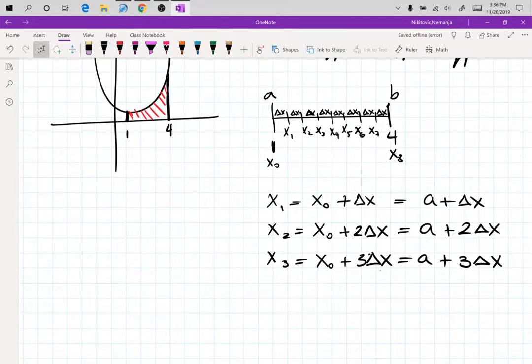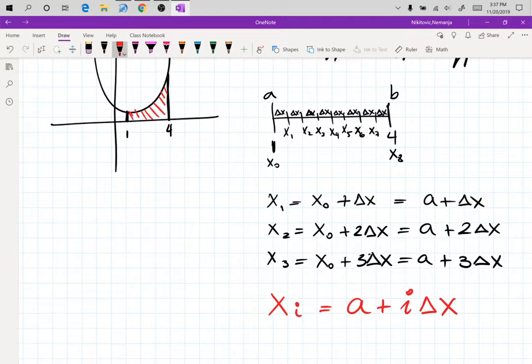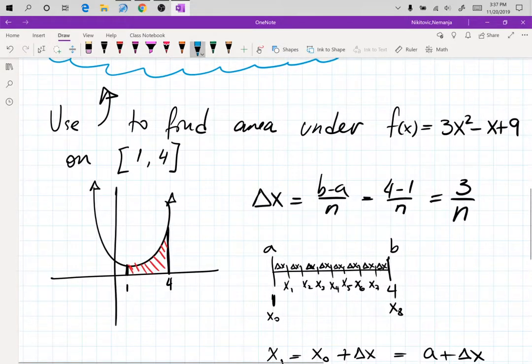It is quickly seen that the index matches the amount of delta x's you are adding, so we can exploit that into a formula that xi is always equal to a plus i delta x. So your index i, 1, 2, 3, 4, is the same as the multiplier for delta x to get to that location.